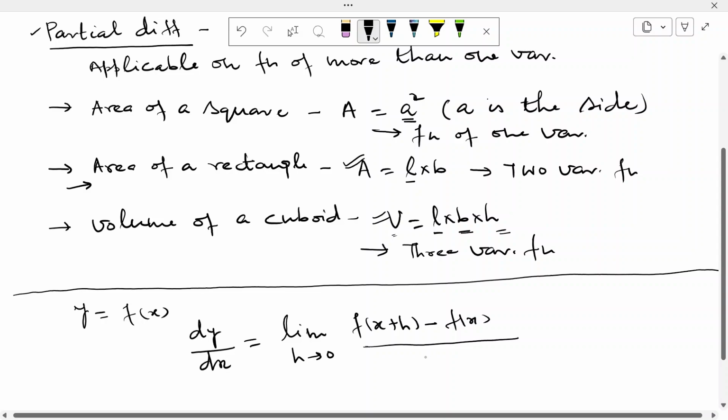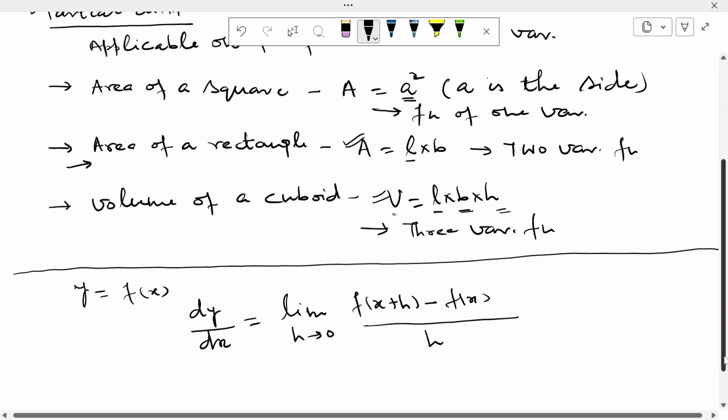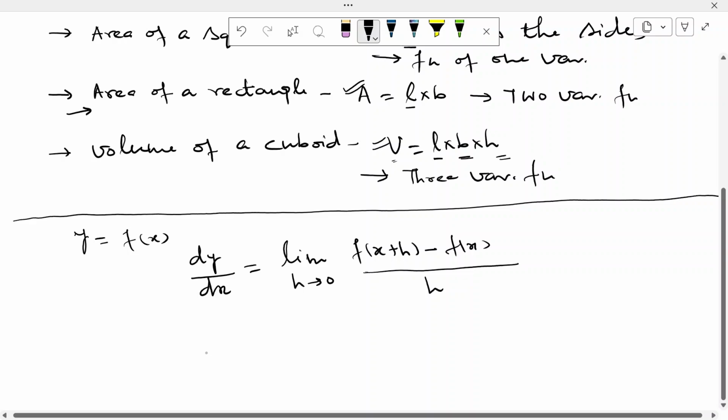This limit is the differential coefficient of y with respect to x. So this is the case of a one variable function. That's why we are finding the ordinary derivative of y with respect to x.